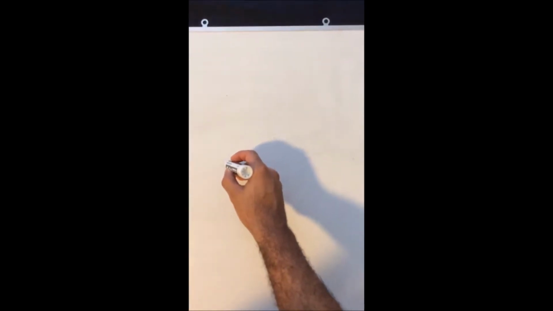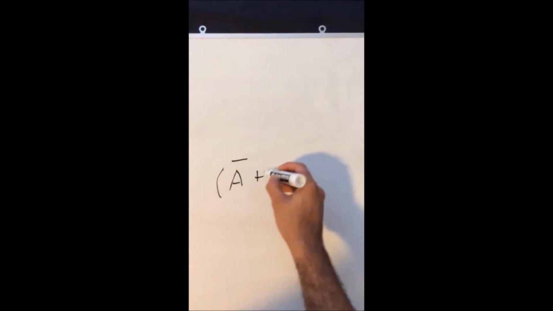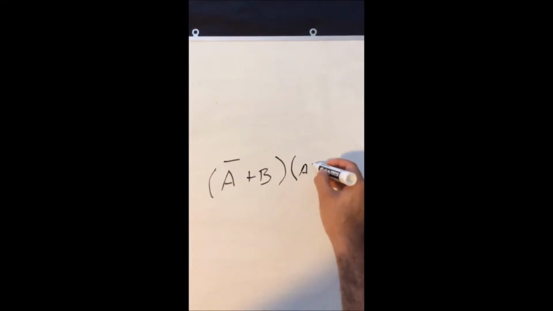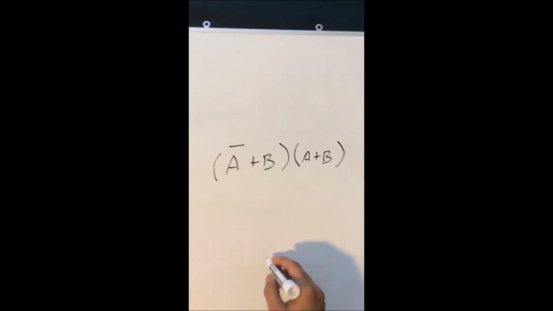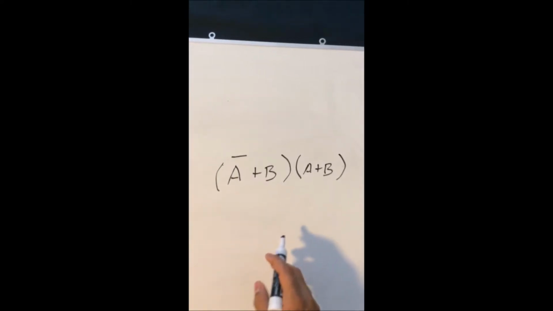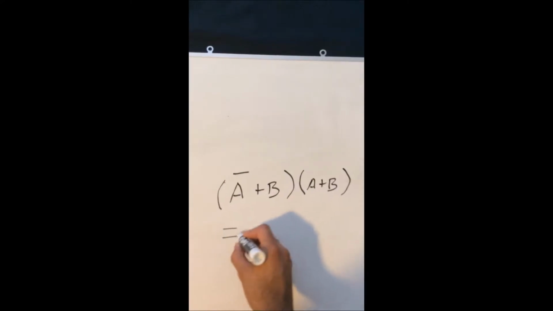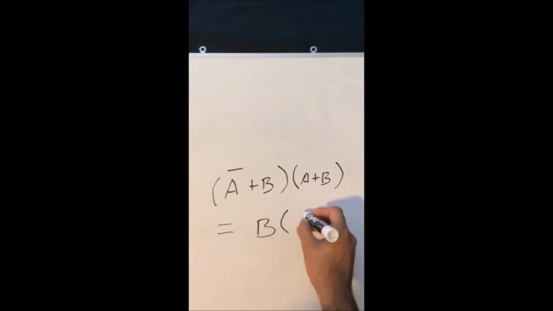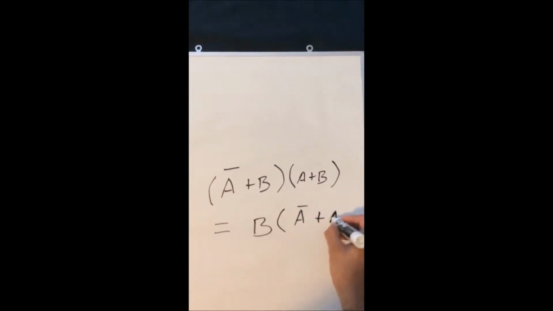For example, we open parentheses, the negation of A plus B, close parentheses, times A plus B. Well, we have to find the common term B and pull it out. That means that we're going to get B times (the negation of A plus A).